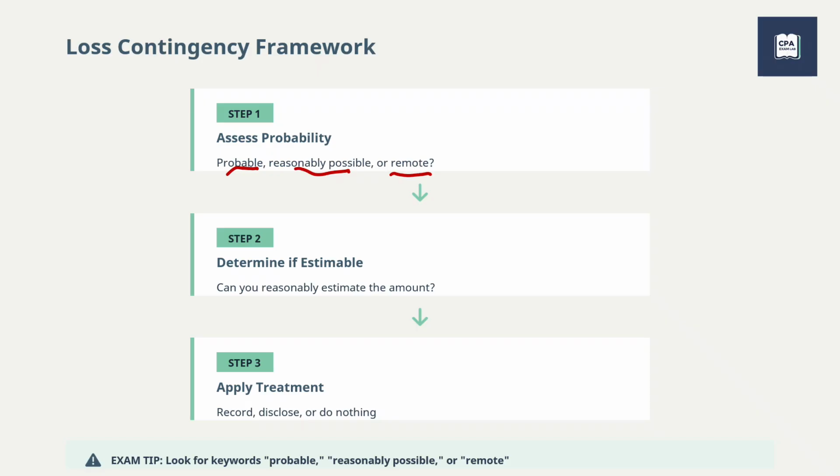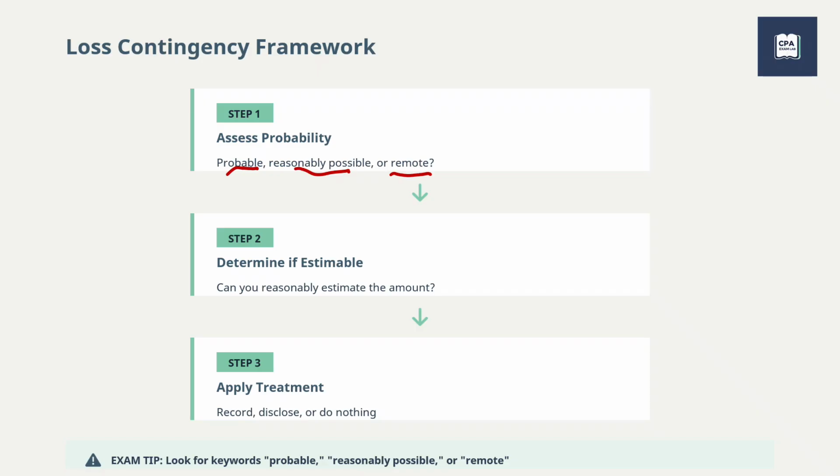Number two, you determine if the amount is estimable. Can you reasonably estimate how much the loss is going to be? Sometimes the exam gives you a specific amount. It says the lawyer expects it is going to be this much. Or sometimes they give you an estimate, a range between this value and that value.